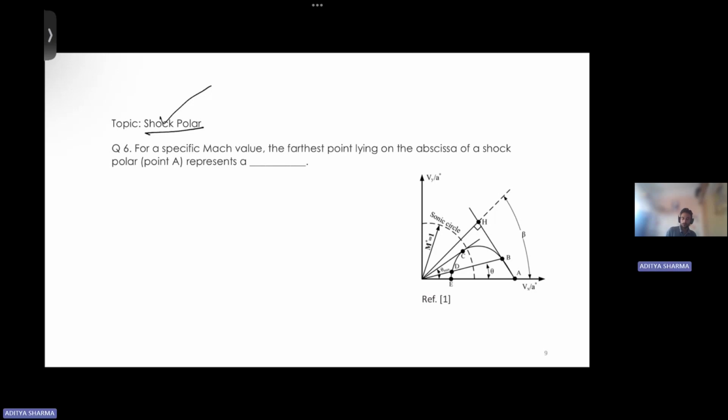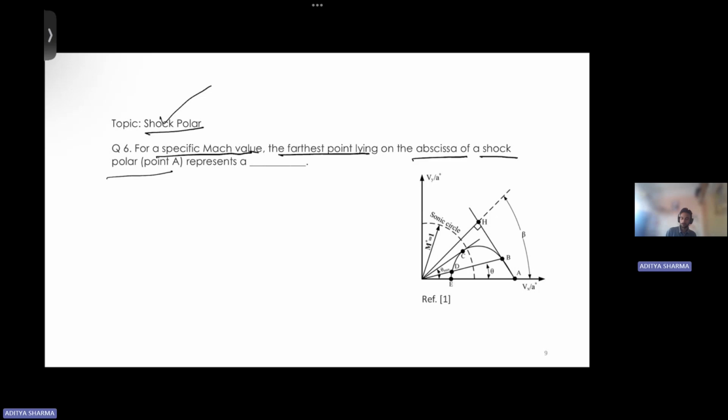So the question says that for a specific Mach value, the farthest point lying on the abscissa. So what is an abscissa? Right? So a Mach value has been given. So farthest point. Right? Now what is a shock polar?